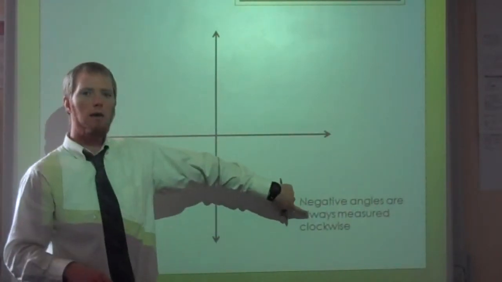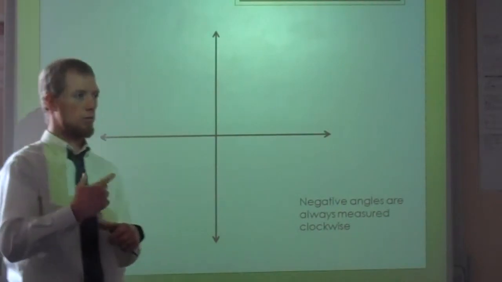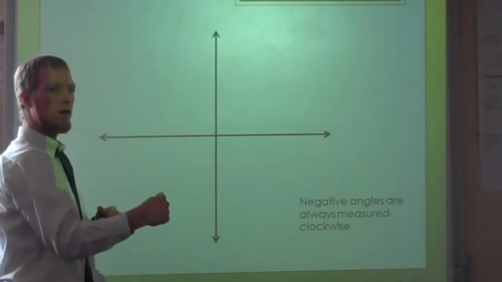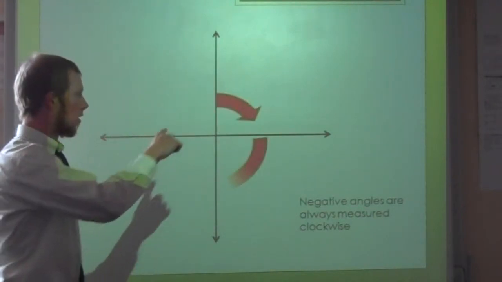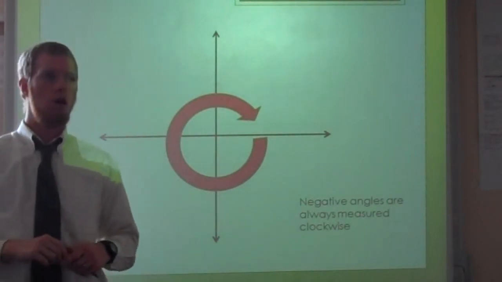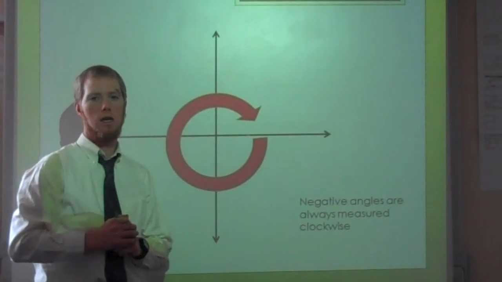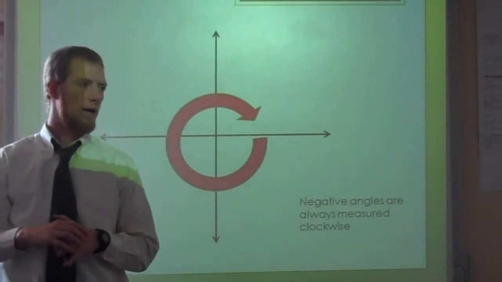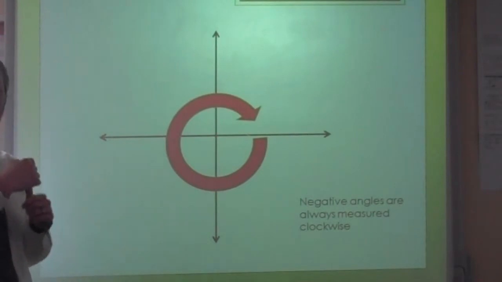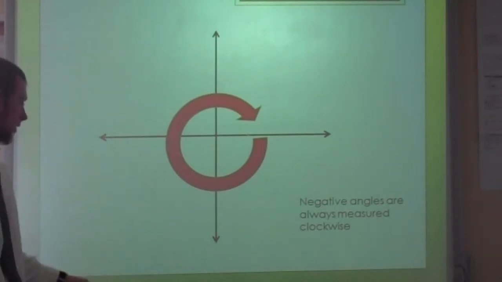However, negative angles are always measured clockwise. So we have positive counterclockwise, and negative clockwise. Okay, so again, we need to make sure we're starting from our initial side. You always start from that initial side and measure clockwise if you have a negative, counterclockwise if you have a positive.